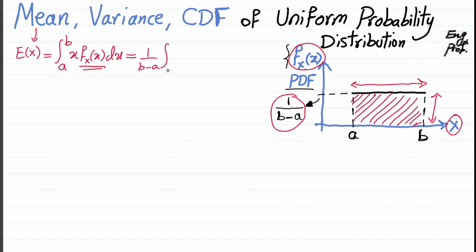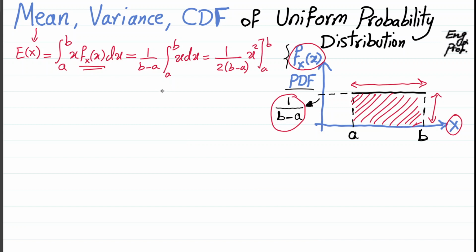So 1 over b minus a, times the integral from a to b of x dx, which simply becomes 1 over 2 times b minus a, times x squared from a to b.